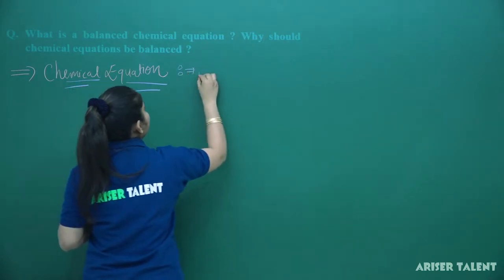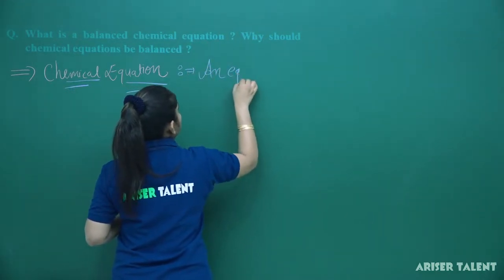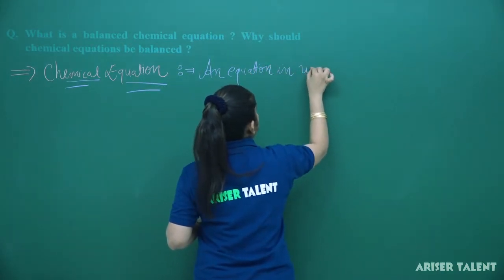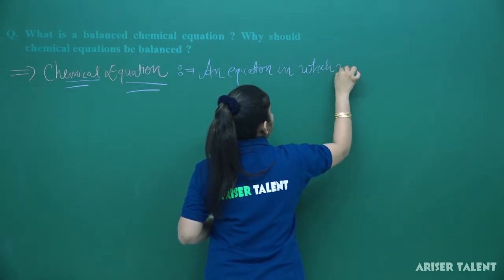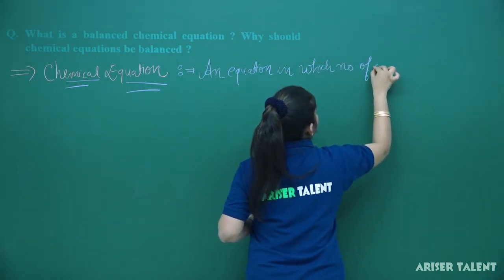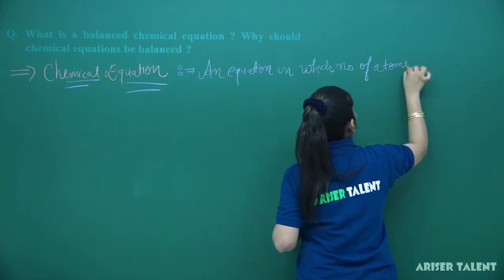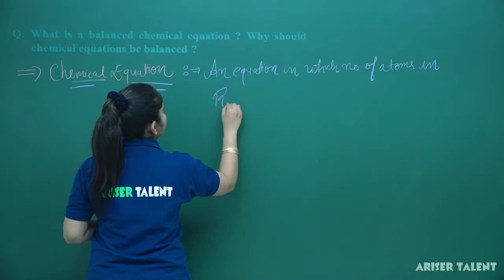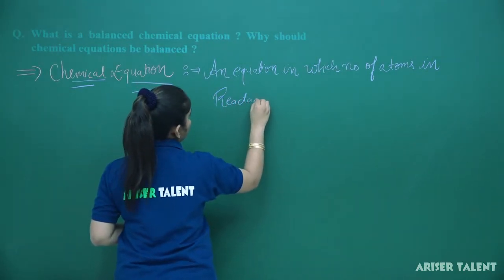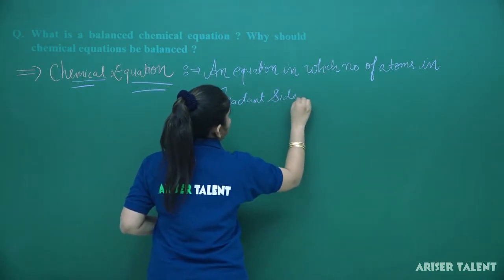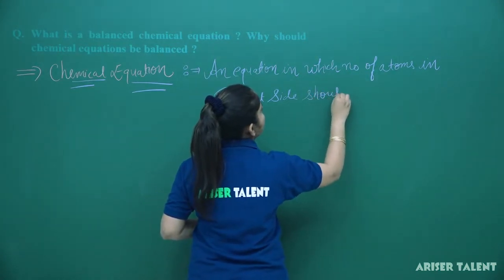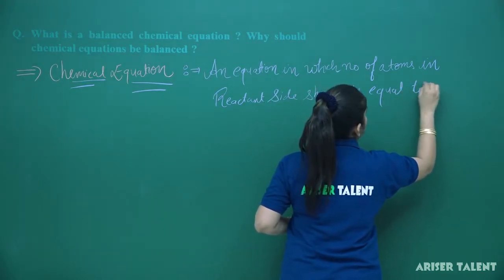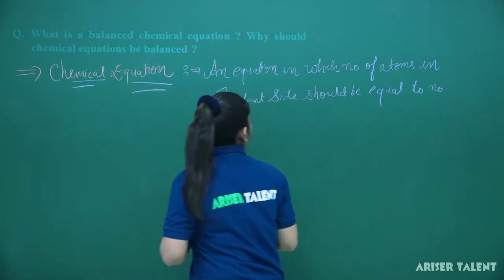A chemical equation is an equation in which the number of atoms on the reactant side should be equal to the number of atoms on the product side.